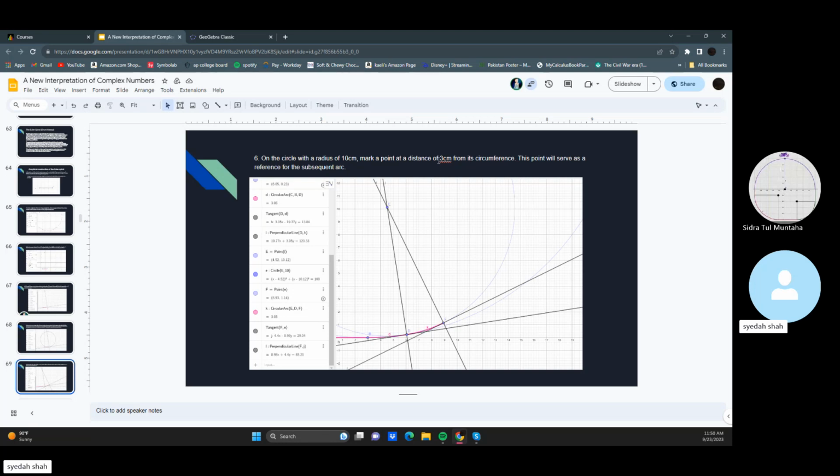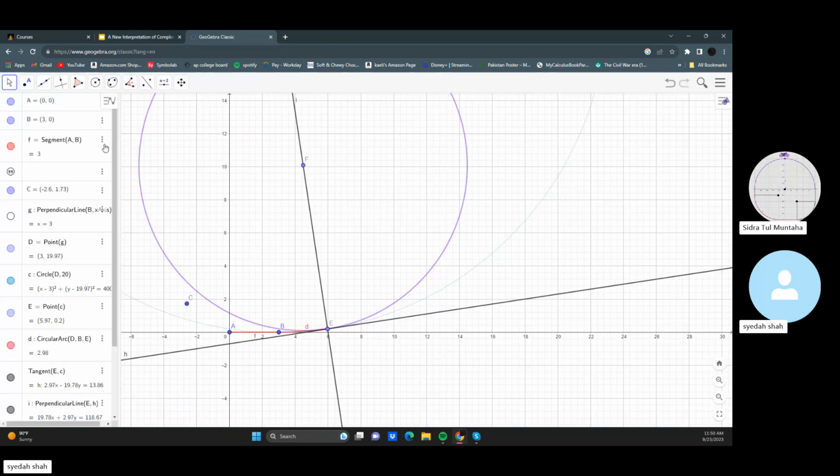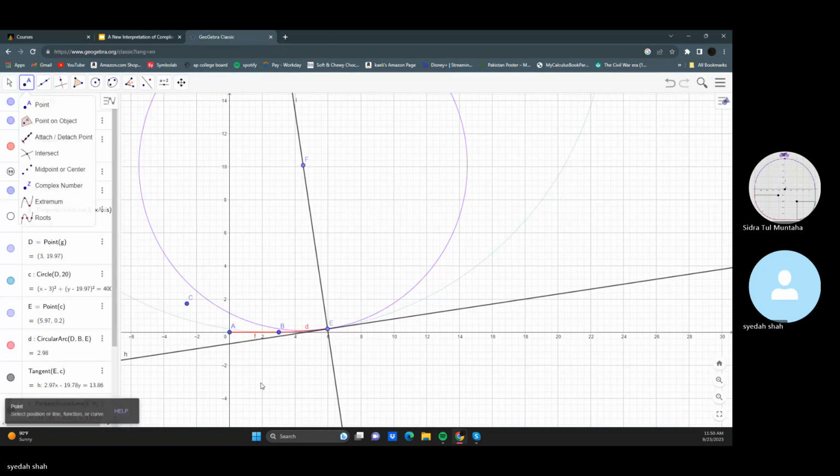On the circle with the radius of 10 centimeters, mark a point at the distance of 3 centimeters along its circumference. This point will serve as a reference for a subsequent arc. So we're just like here, I guess.